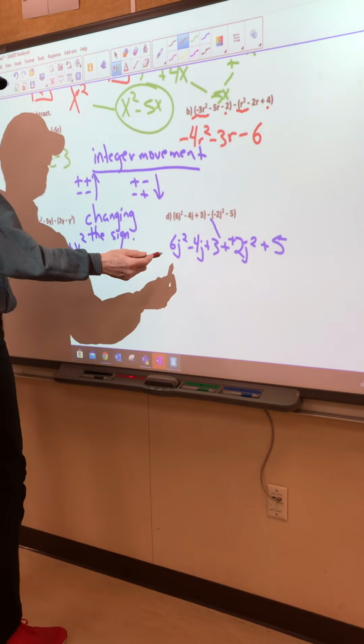Make sure you pause and do this on your own and then check your answers. It's much better than just copying it down. You'll actually learn it. So 6j squared. We've got 2j squared. Add them together, 8j squared.